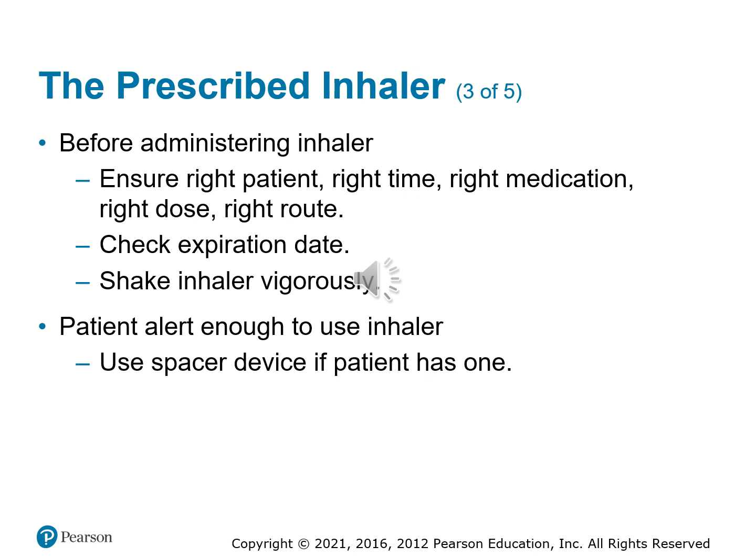A picture of a spacer is on 546 of your textbook down at the bottom. You can see how the normal handheld inhaler is located on the back side. You have a long chamber and then the other end is where the patient would place their mouth.